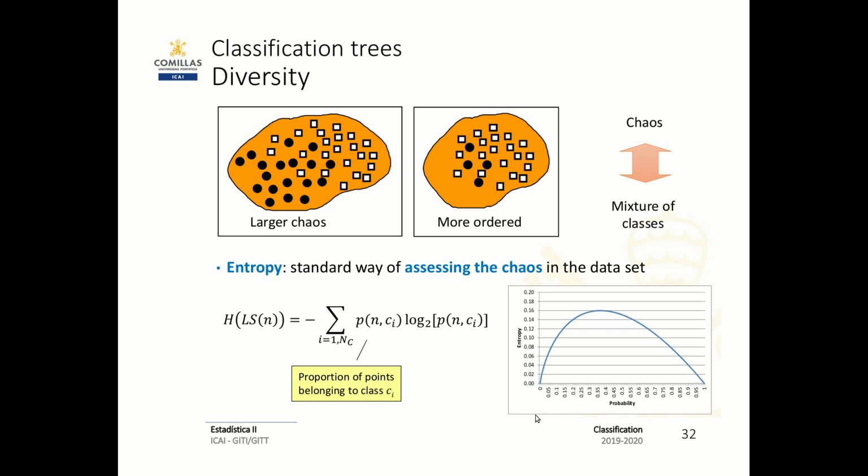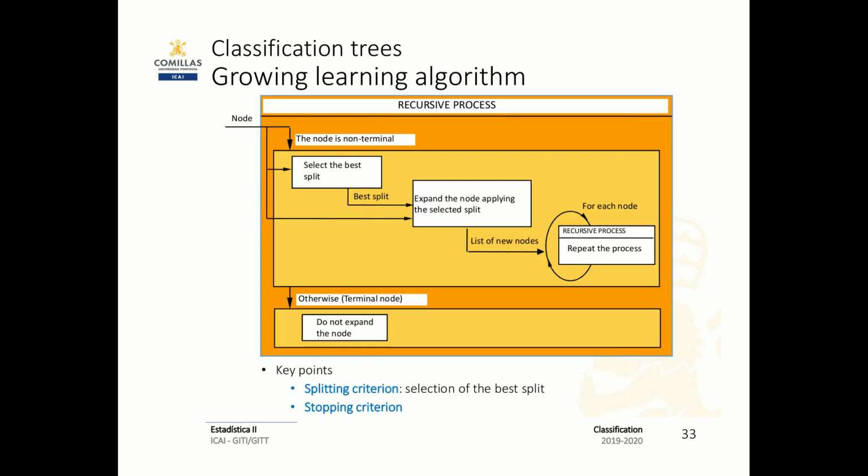Here we have a representation of the entropy as a function of the probability. So this is the entropy of a node, and then our algorithm will, for every node, try to select the best split.